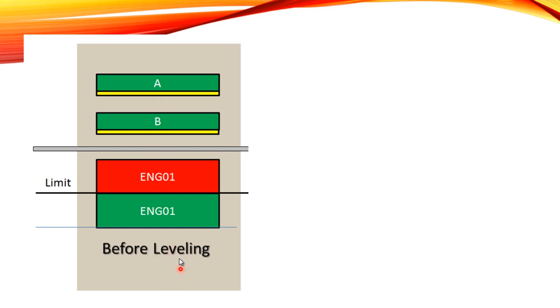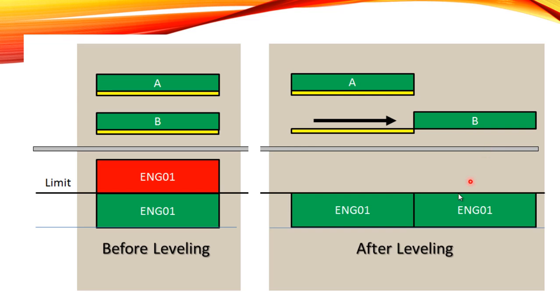So you have to do the leveling. One way is to perform the work of B after the completion of work A. Now you have done the leveling, so each activity will be performed without any trouble or issue.